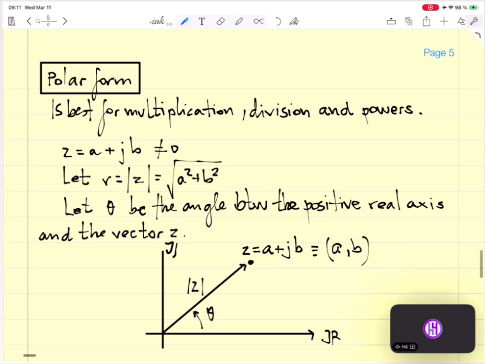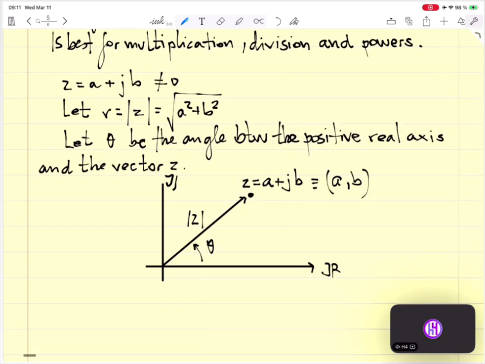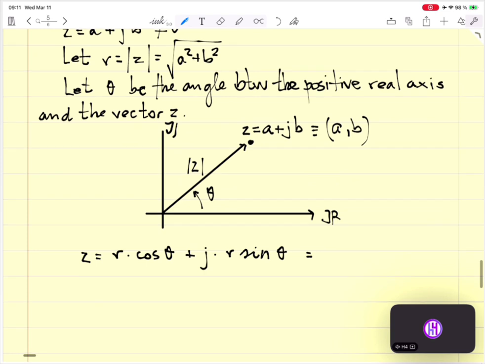So z, however you want to call it, is r times cosine of theta plus j times r sine of theta. There is one guy, some German Klugscheißer, as they say here, whose name was Euler.